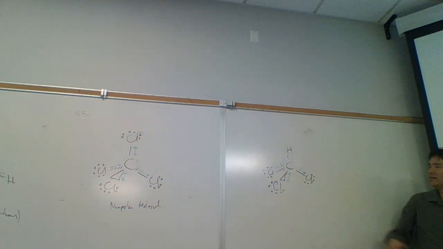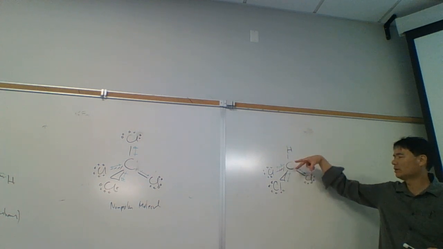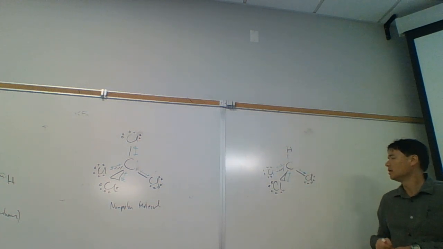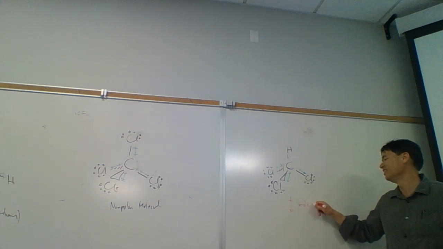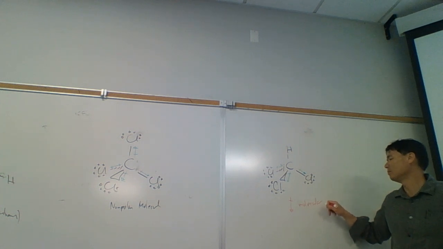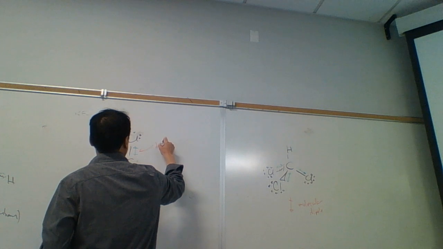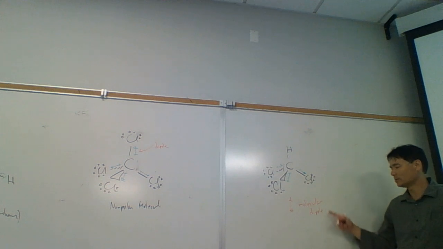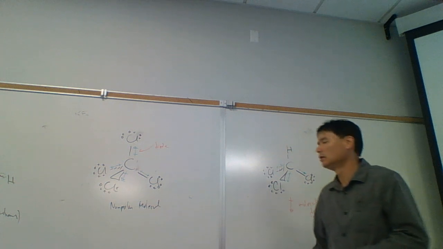Okay, so do these cancel each other out? They don't. If we got 3 that are pulling down, which way is the molecule going to go? It's going to go down. And so when we sum these up, we have what we call a molecular dipole. These green arrows are called bond dipoles. But when we add up the green arrows, we get this red arrow, which is the molecular dipole, pulling straight down. And so this is what we call a polar molecule.